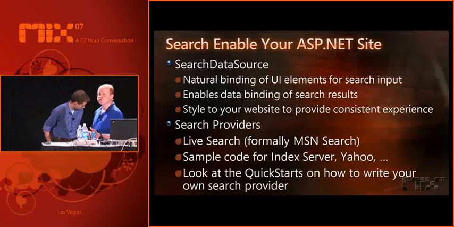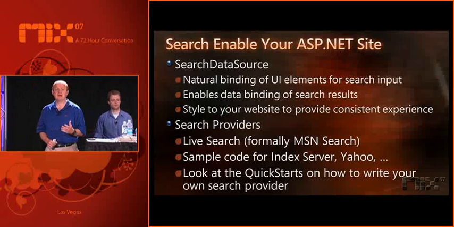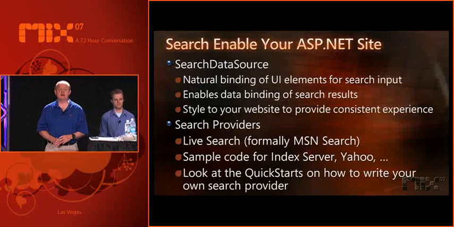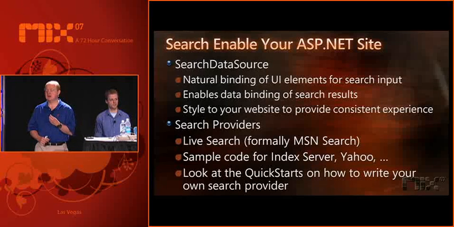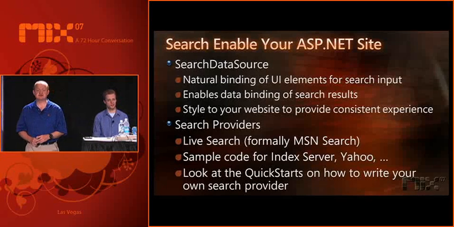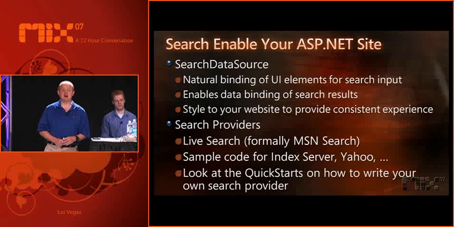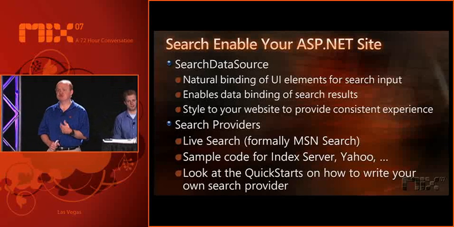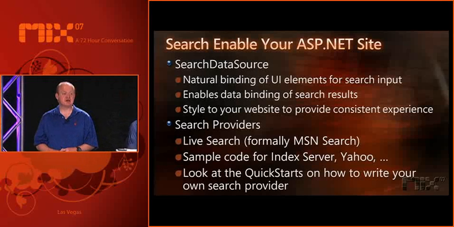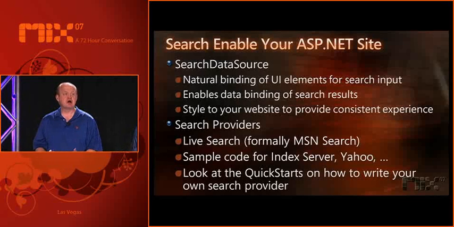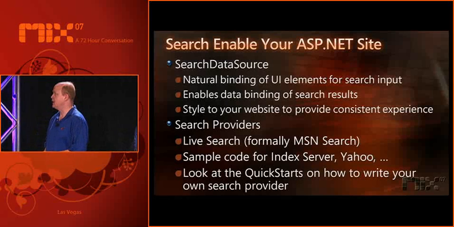Okay. So we have been working on the ASP.NET Future CTP, and we have a couple of features in the box. One is a search data source that you can plug into your pages, and it's got a built-in provider model.